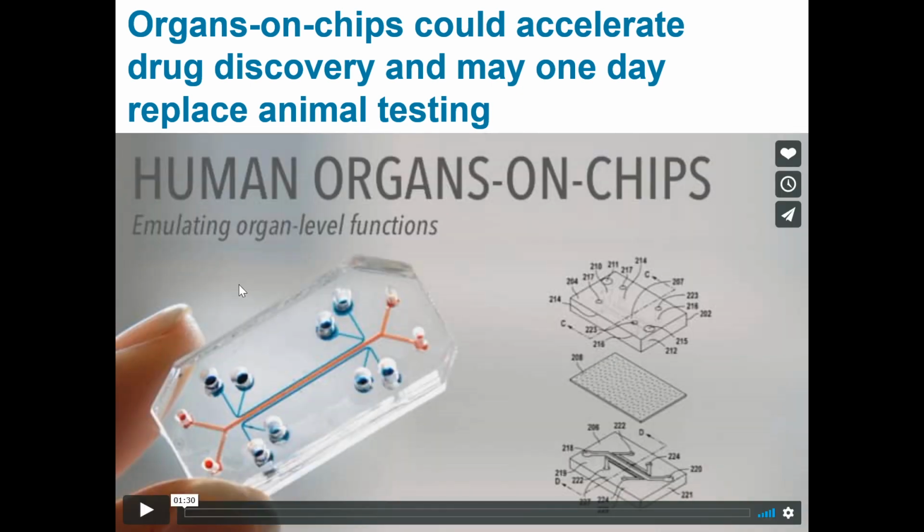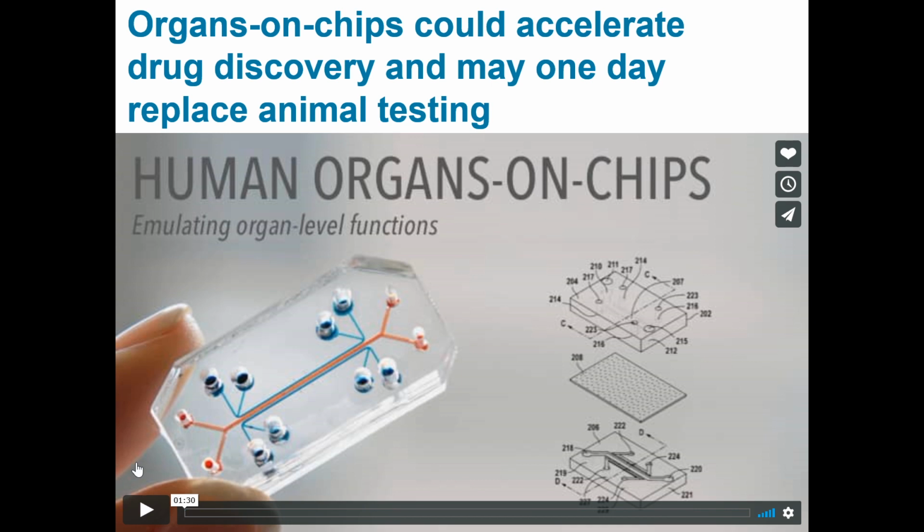Now what I'm going to do is show you guys this short video. This video is demonstrating a technological advancement that's just developed in the last several years, and it's the ability to actually take human cells, put them on these little tiny microchips, and run things like blood or fluid with bacteria in it or air across the surface of these cells, and then have it hooked up to computers to emulate a human organ and measure how it responds.